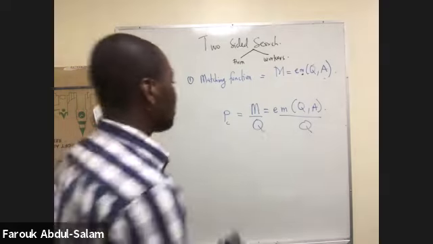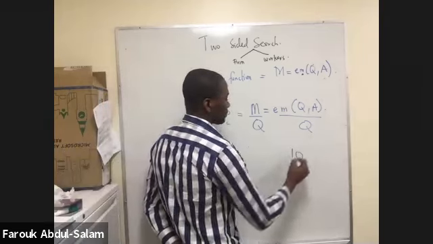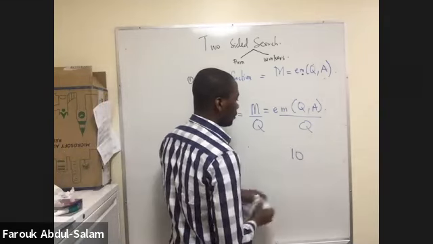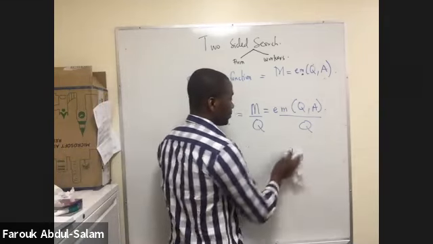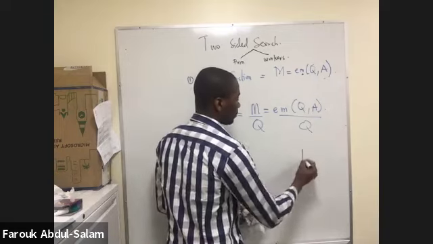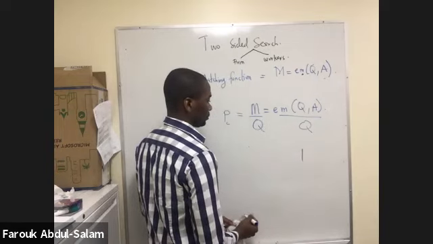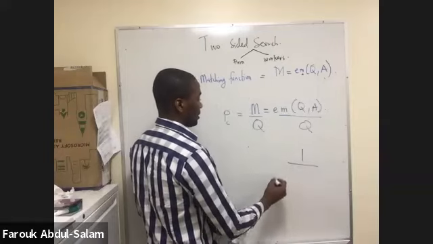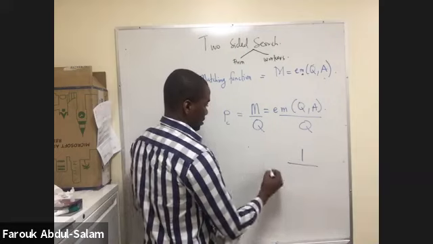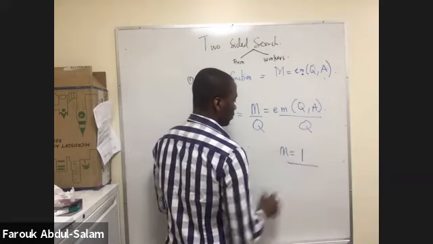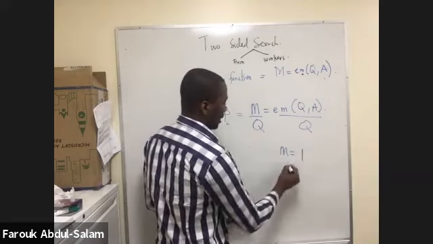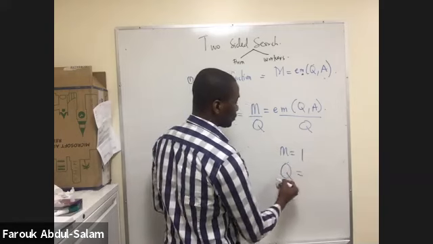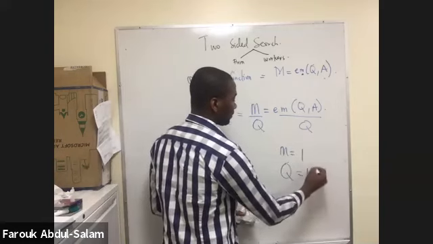Imagine I produce 10 apples, or maybe I produce 1 apple, which is 1 match. And I have my M equals 1. I have Q, which happens to be the number of workers, to be 10.